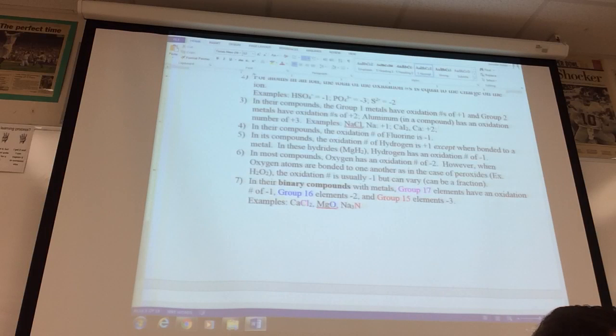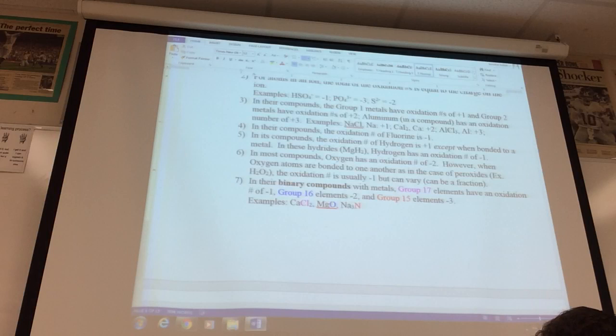And then, for example, think of a compound that has aluminum in it. Anything. Aluminum chloride. What would the aluminum be? +3. And let me give you one more just so we didn't restrict to binaries.